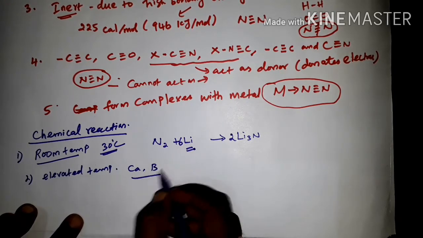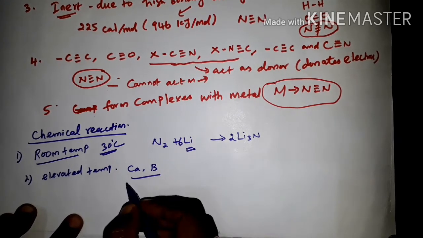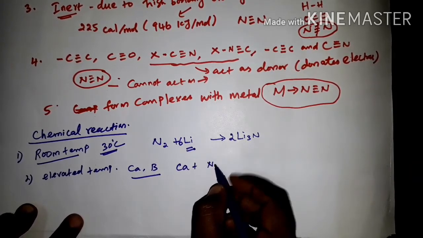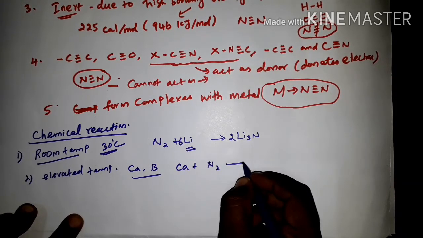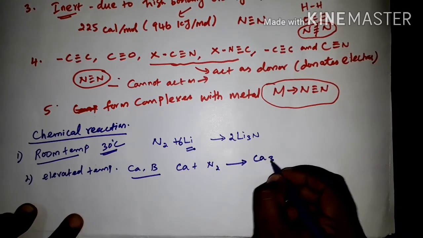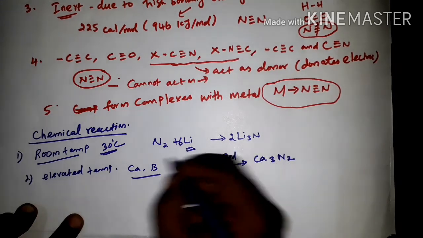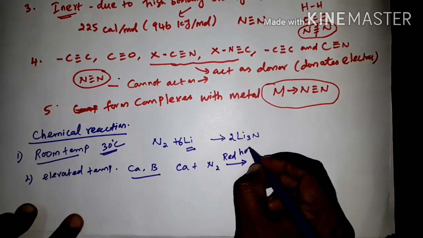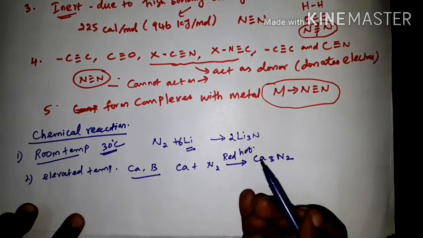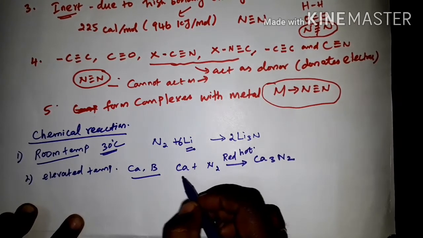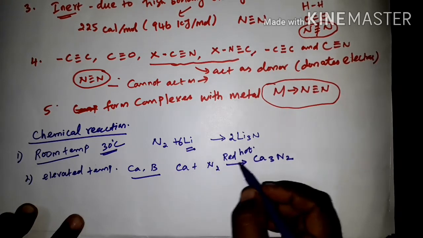So these two elements can react at higher temperatures. When calcium reacts with nitrogen, we are getting calcium nitride. This is red hot condition, higher than room temperature. Only when you increase the temperature can nitrogen react with calcium or boron.